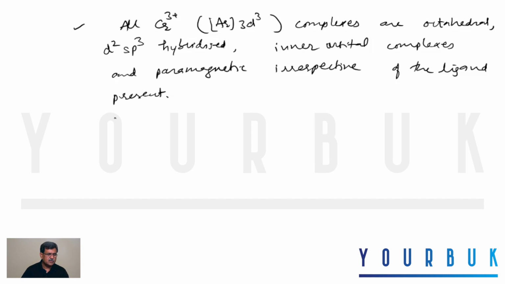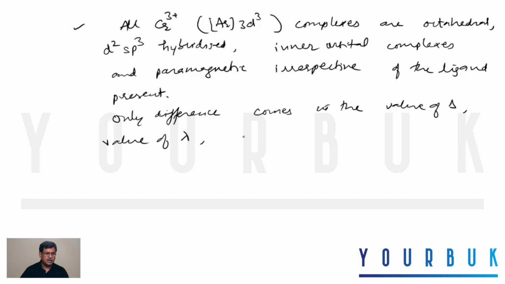The only difference comes in the value of delta, in the value of lambda, and the color. So, if you look at these 3 complexes of chromium, they have all characteristics the same except the color.